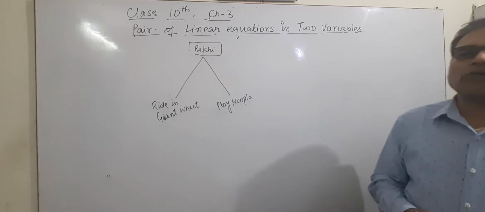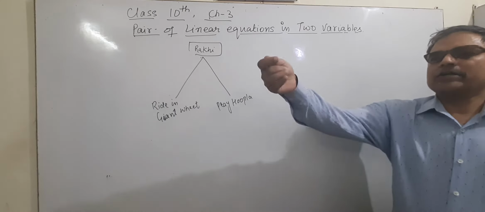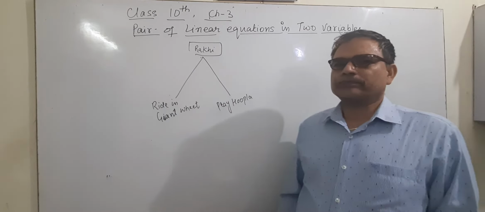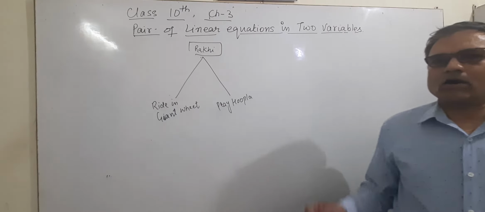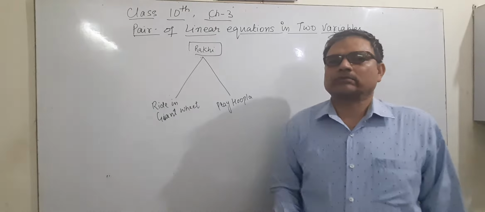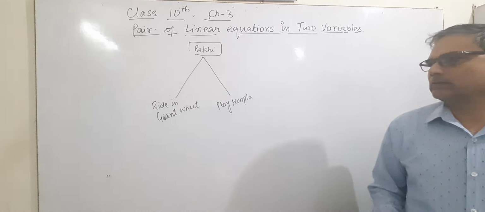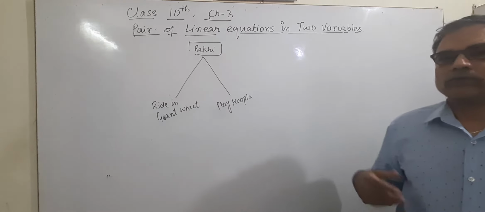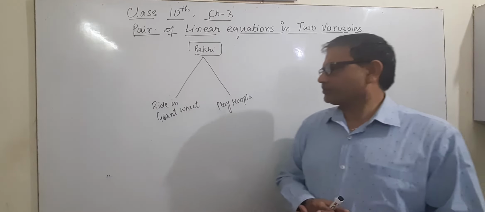Hoopla is the type of game in which a ring is thrown from some distance over the object, and that ring should cover the object. Then the person, Rakhi, will be awarded.